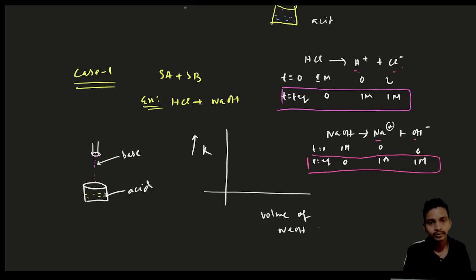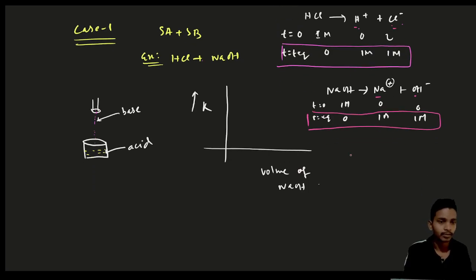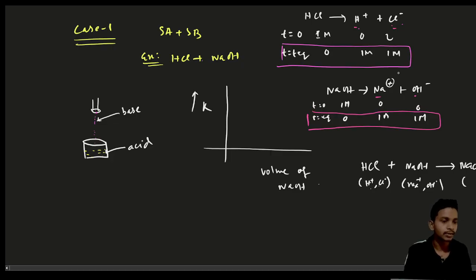So whenever these two react, what will form? HCl, meaning H plus and Cl minus in the solution, will react with NaOH, meaning Na plus and OH minus in the solution. When they react, Na and Cl will form the compound salt, and OH and H will form water.